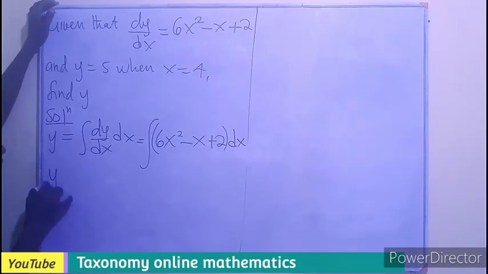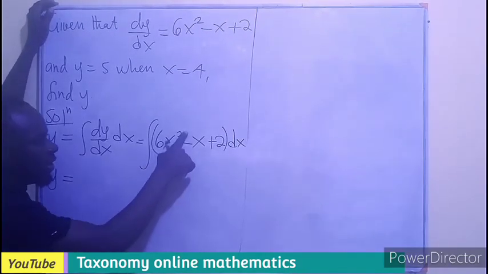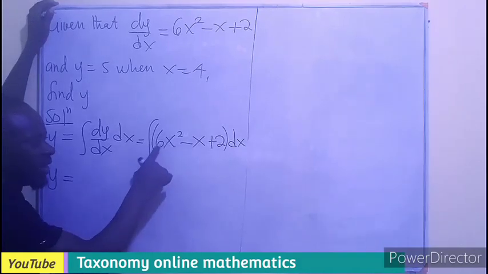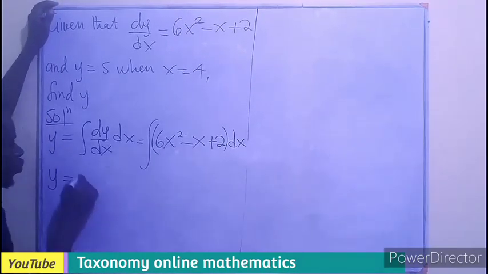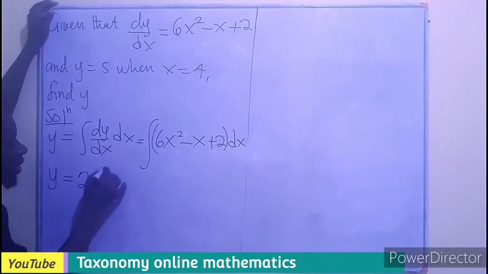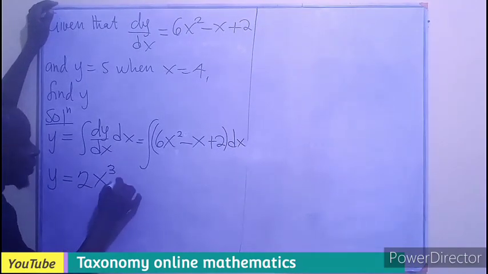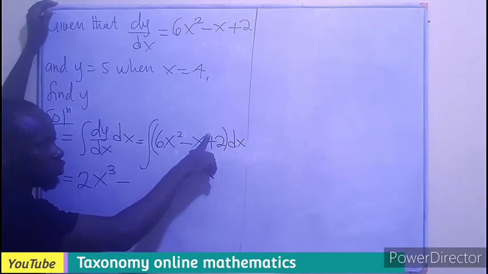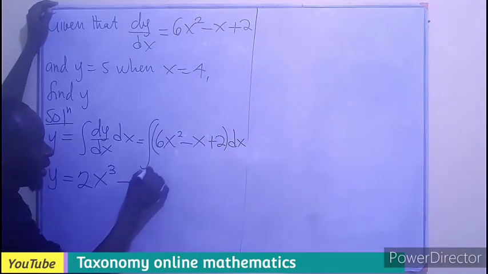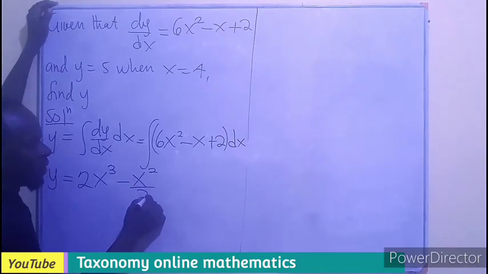So y will be equal to: increase the power by 1, that gives you 3. Divide by 3. 6 divided by 3 will give us 2. So we have 2x³ minus, increasing this power by 1 will be 1 plus 1, 2. So we divide by that 2 as well.